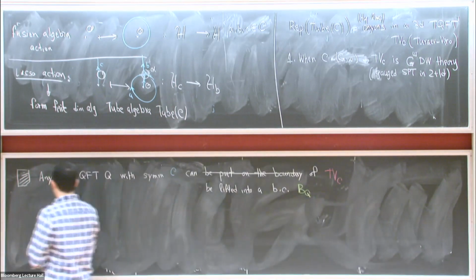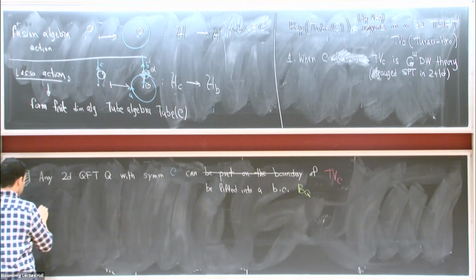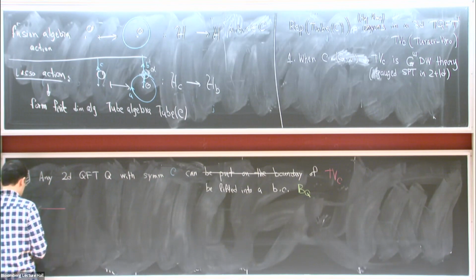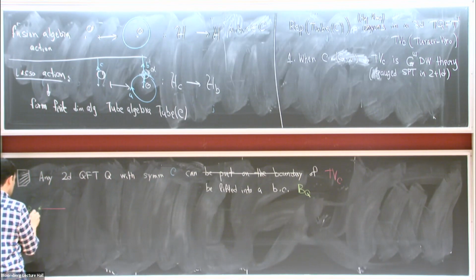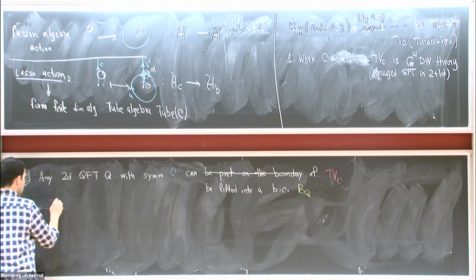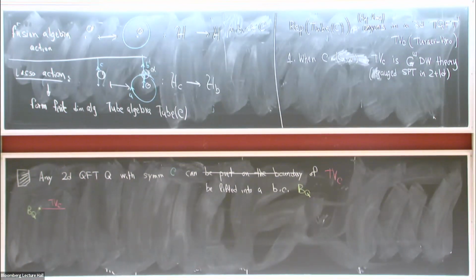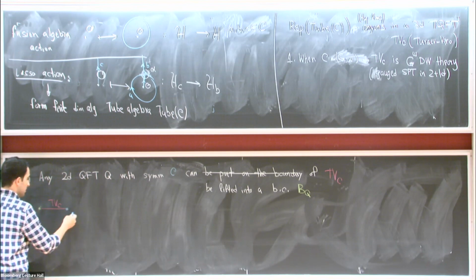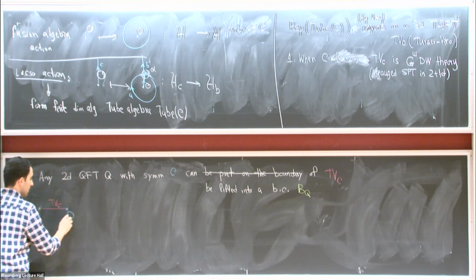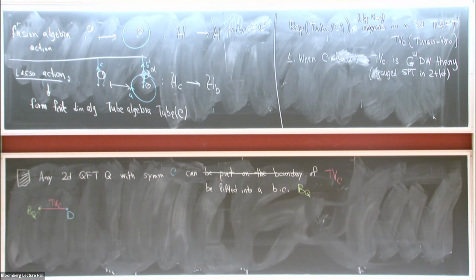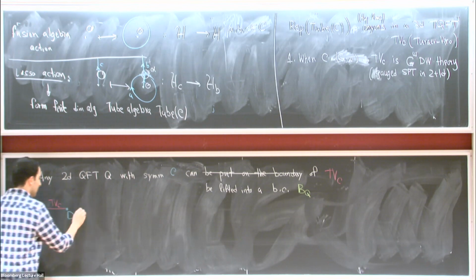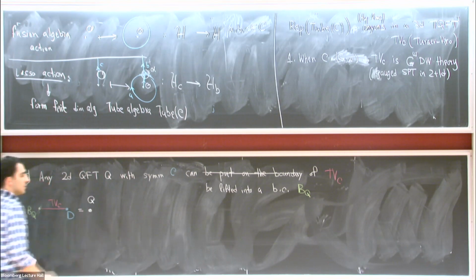So in the picture, I have this QFT, I put it on the interval, and on one side of the interval, I put this boundary condition. On the other side, I put some canonical boundary condition, which I call Dirichlet, I'll explain why. It's a canonical boundary condition that always exists. And the point is that after compactification, I get my original theory.